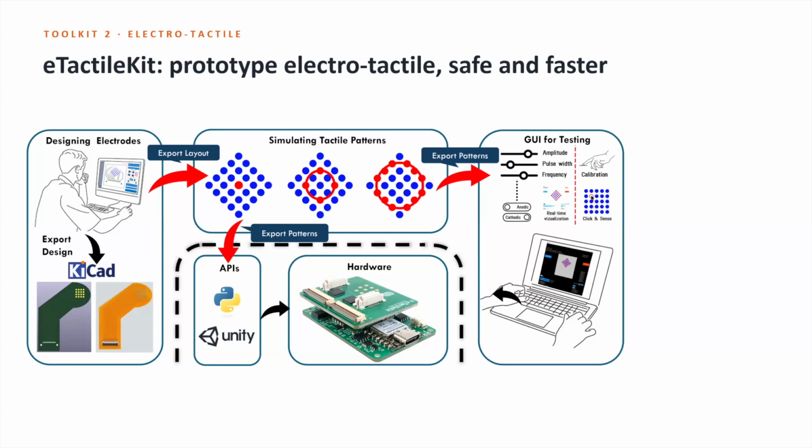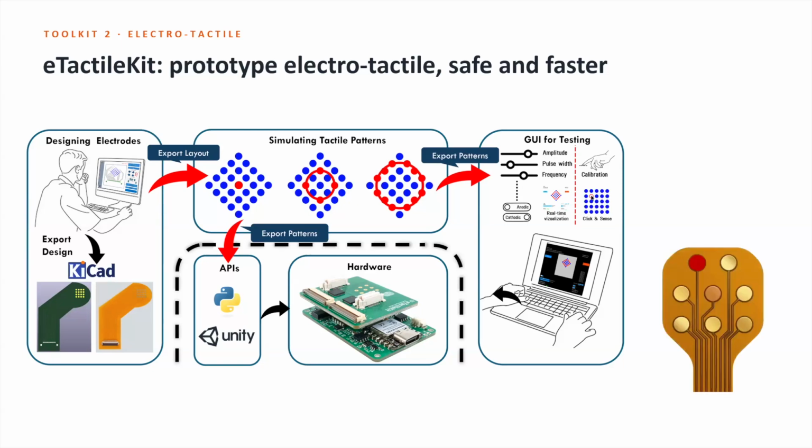We have support for creating spatial tactile patterns with easy tools, and also you have access to APIs for popular platforms like Python and Unity, and can quickly script them out. So you'll be having access to the toolkit.